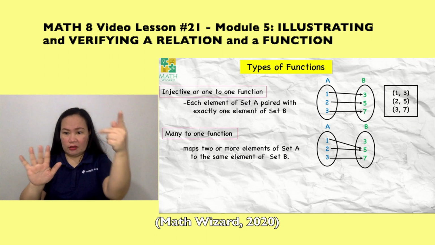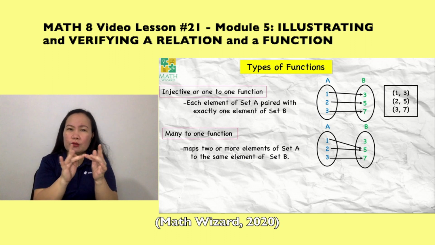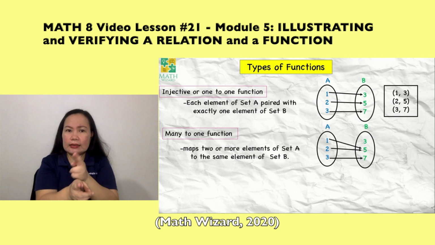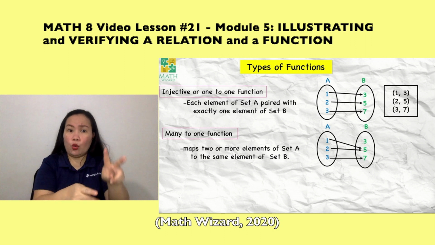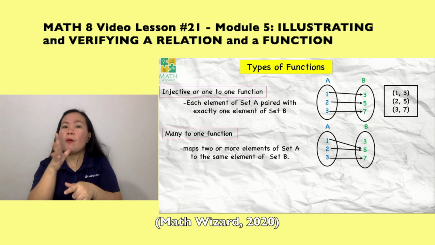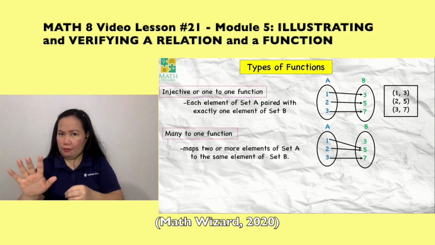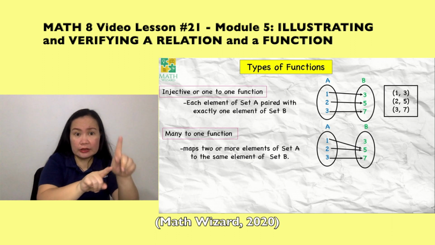Okay, so paano ba natin marirelate sa real life ang many-to-one function? Parang ganito lang yon. Si person 1 tsaka si person 2 magkapatid. At isa lang ang kanilang mother, si number 5 lamang. So that is many-to-one function.